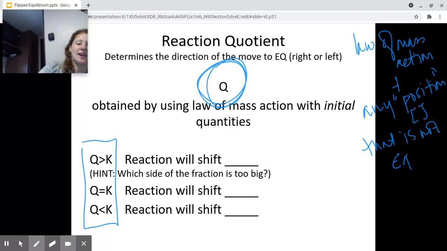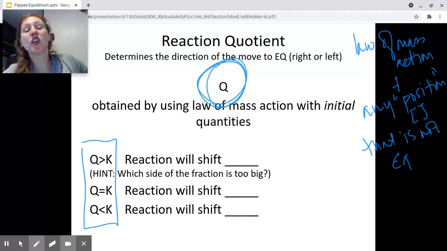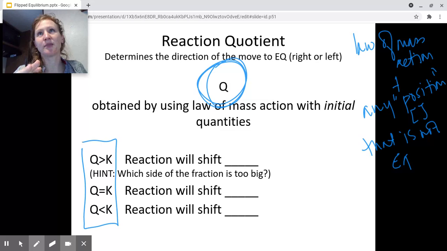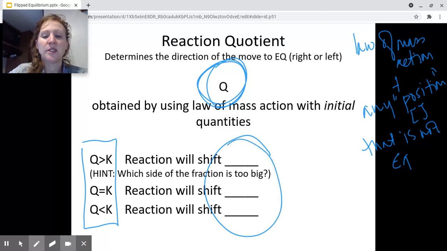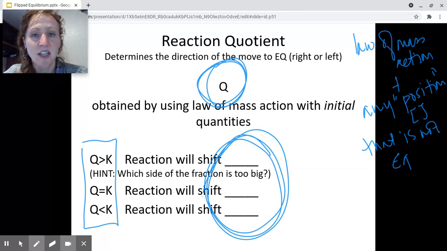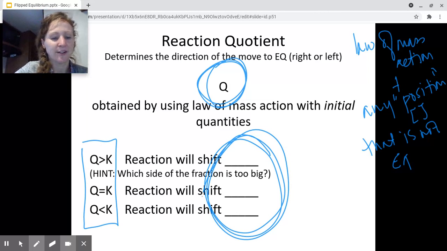If Q is larger than K, what has to get bigger or smaller in order for Q to equal K? So what direction is that going to be? What does it mean if Q and K are equal? And what does it mean if Q is less than K? This would be a good place to pause, take a stab at these answers, see if you can get yourself logically there, and then we'll talk about it together.